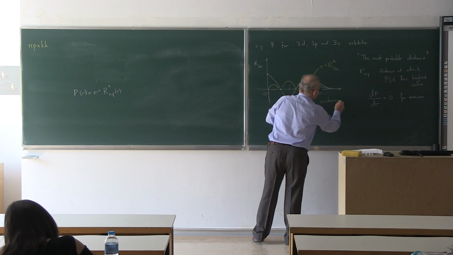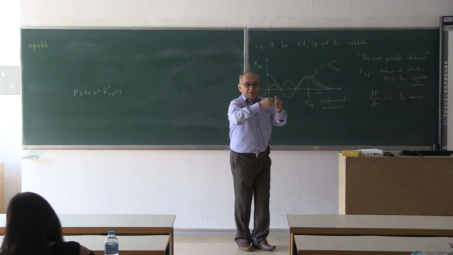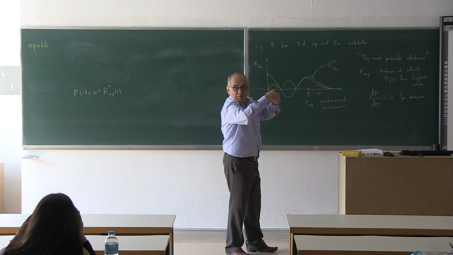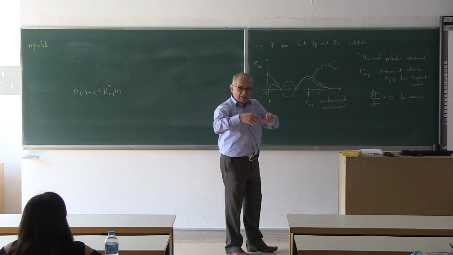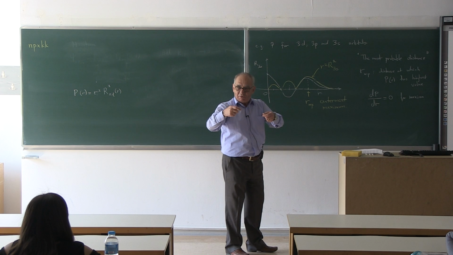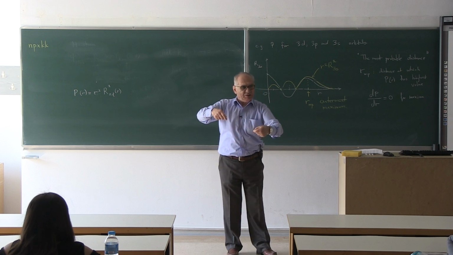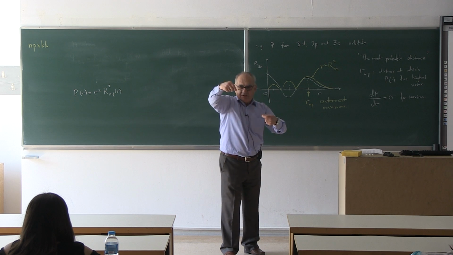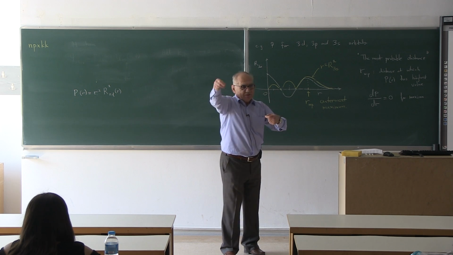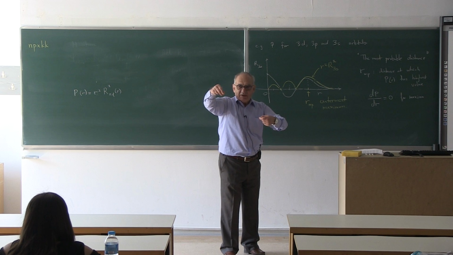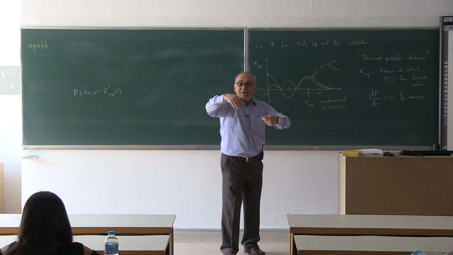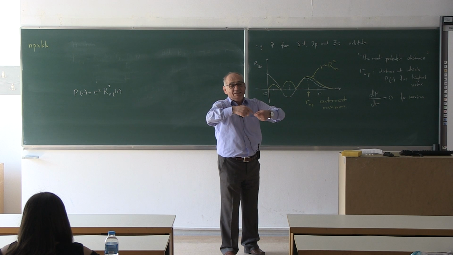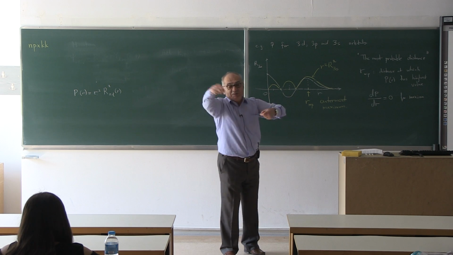Outermost maximum. Outer means larger R value. You see, here we are talking about an electron, and there is a positively charged nucleus. As R gets larger, the electron gets away from the nucleus. So we say outermost, outside of the vicinity of the nucleus.